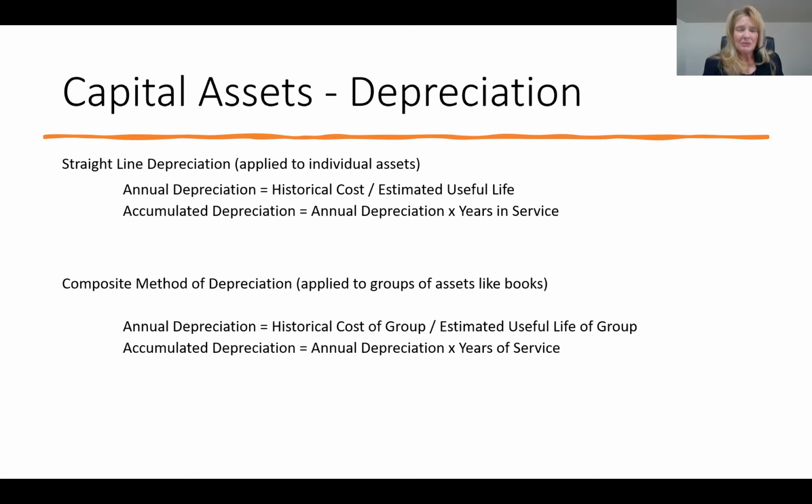So you'll want to group those items, those books and circulating materials. But the calculation for the group is the same as it would be under straight line depreciation. It's still the annual depreciation is a historical cost divided by the estimated useful life. And accumulated depreciation is that annual amount of depreciation times the years of service.